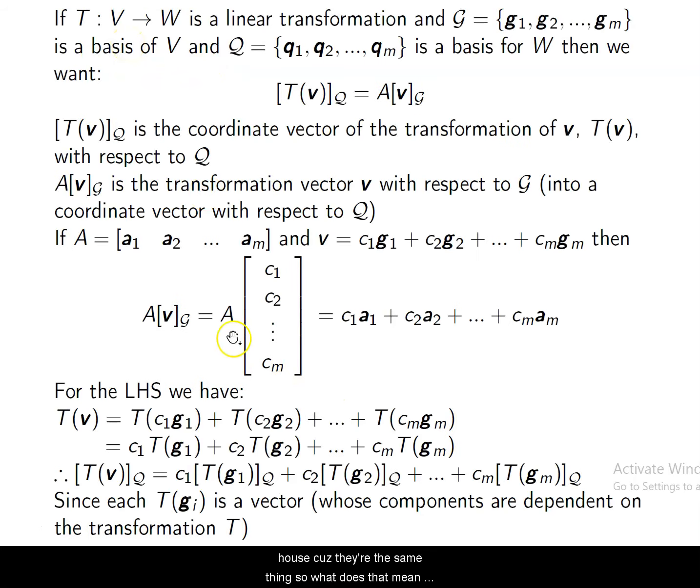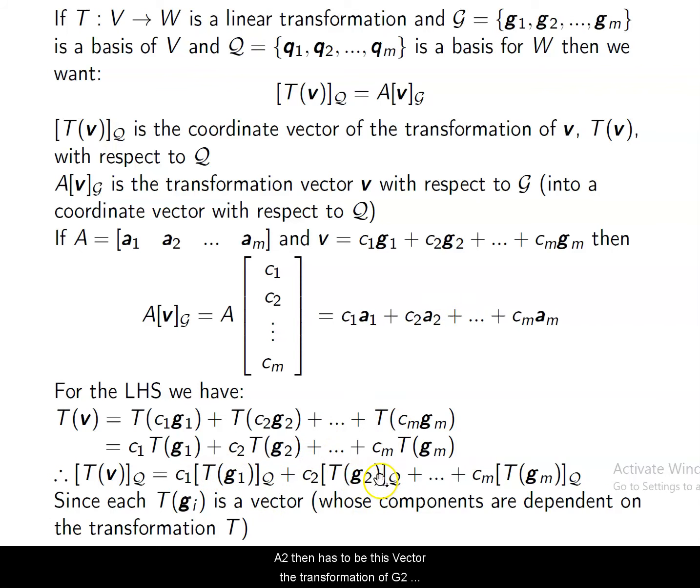Okay, so I need to, as you saw here, equate these two halves because they're the same thing. So what does that mean? It means that A times V sub G, which is this, is going to be the same as this thing. So that means that C1 A1 is the same as C1 times the transformation of G1 represented under Q. C2 A2 is going to be the same thing as C2 times the transformation of G2 represented under Q. So if you notice, the C1s, the C2s, all the Cs are the same, but A1 then has to be this vector.